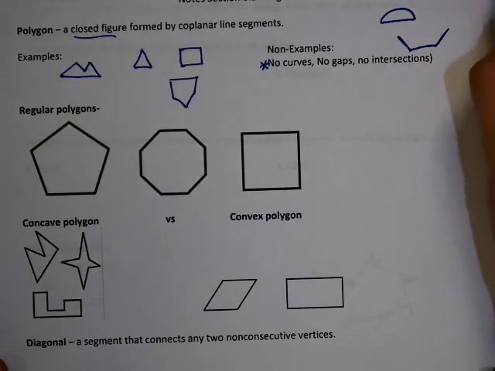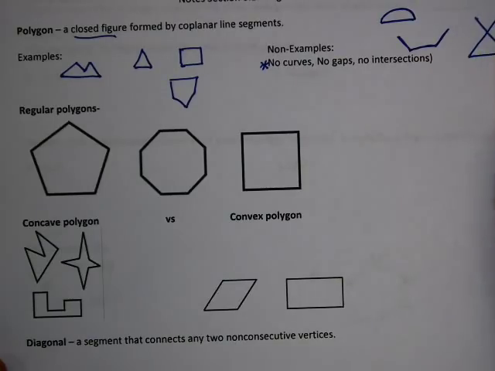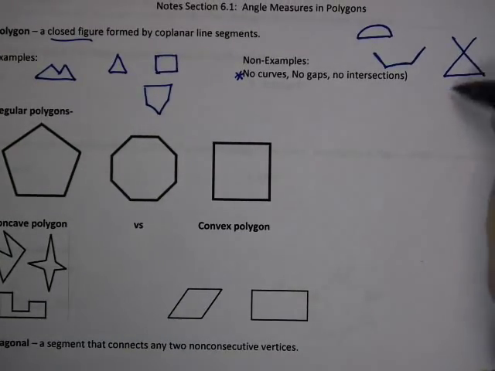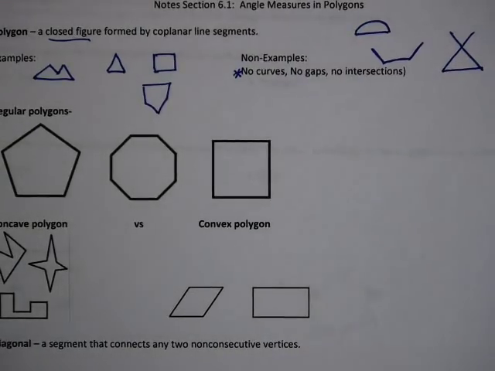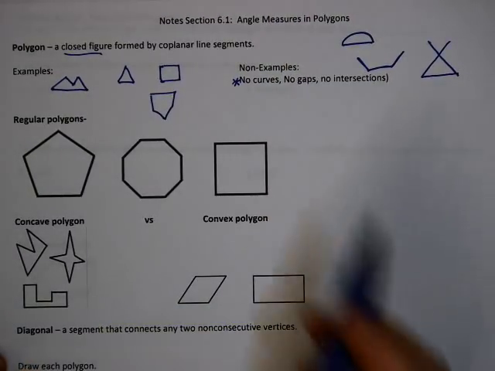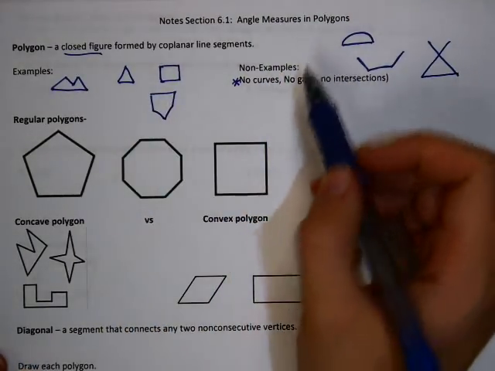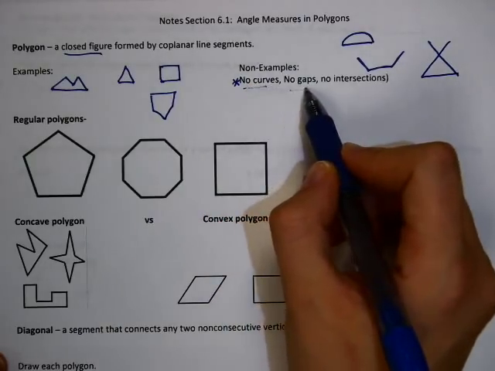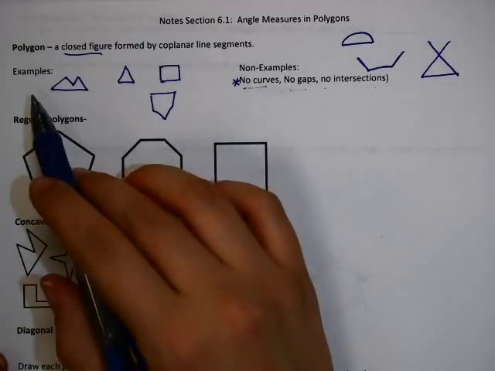And then if we have an intersection shape, so let's say we have two lines that cross and one connects. This is definitely a non-example because there's a huge gap where the figure doesn't even close and it crosses over and intersects. So that is several non-examples. Okay, so how to tell if it's a polygon? If it doesn't have any curves, gaps, or any intersections, it's a polygon.